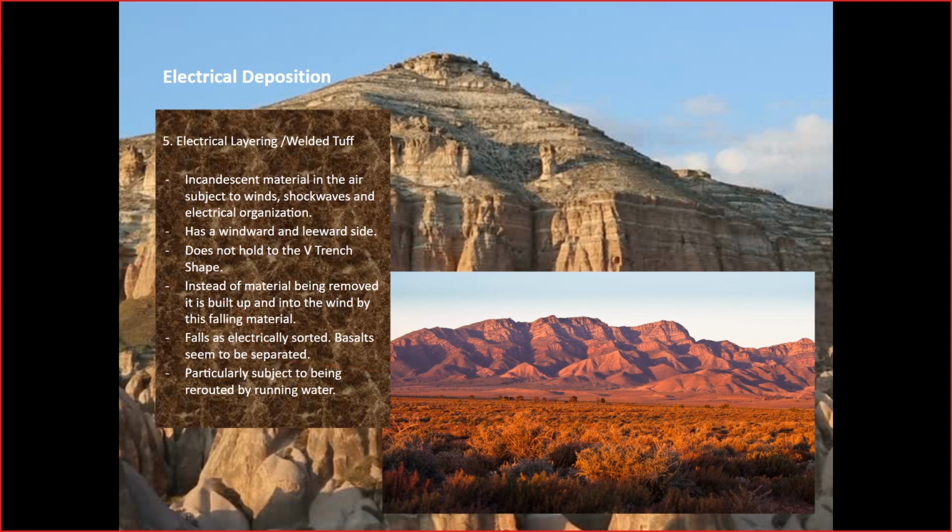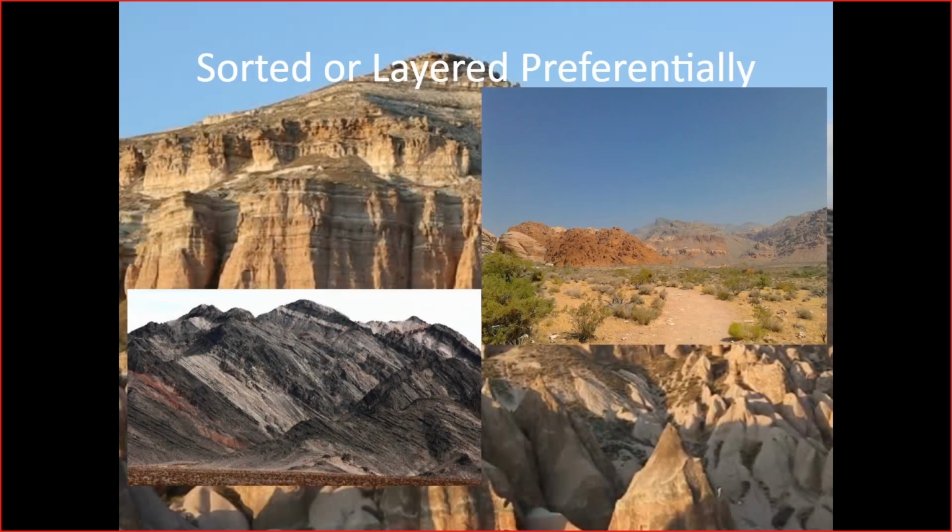One of the characteristics of deposition is a windward and leeward side. This material is usually completely incandescent. It's subject to the atmosphere, the winds, shock waves. This is why we see examples of breaks in the rock as it's laid down. Robert and I have explored this at great length, as you can probably see in our EU Geology tour video that we had there.